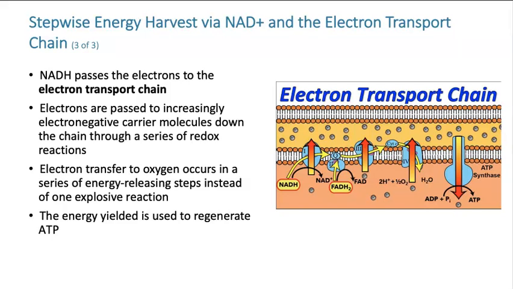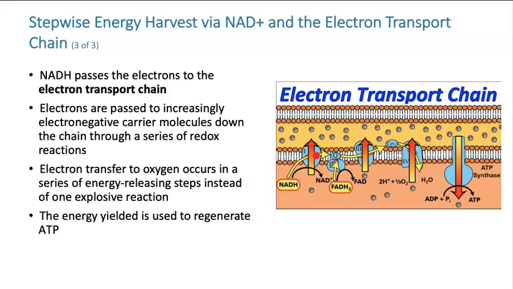Once we have all of our NADH formed, the NADH is going to release its electrons into something called the electron transport chain. Now, this is just a heads up. We'll get into more detail on this later, but the electrons are passed through the electron transport chain to increasingly electronegative carriers, and these are the carriers embedded in this membrane here.